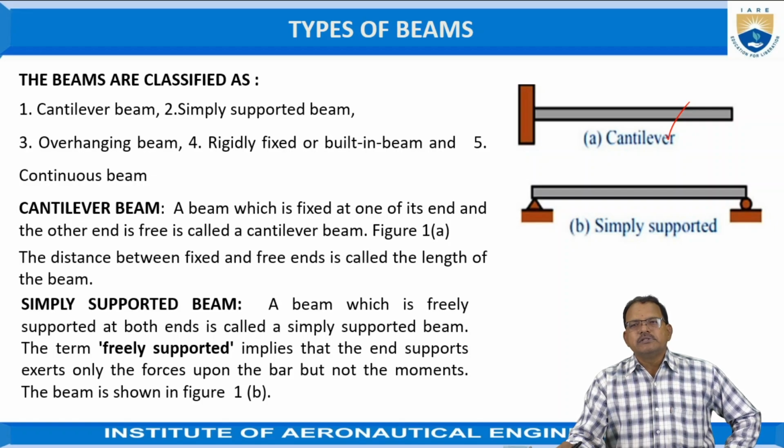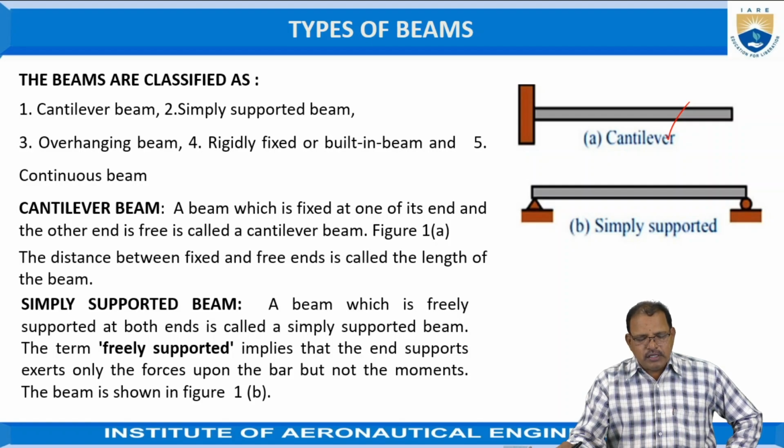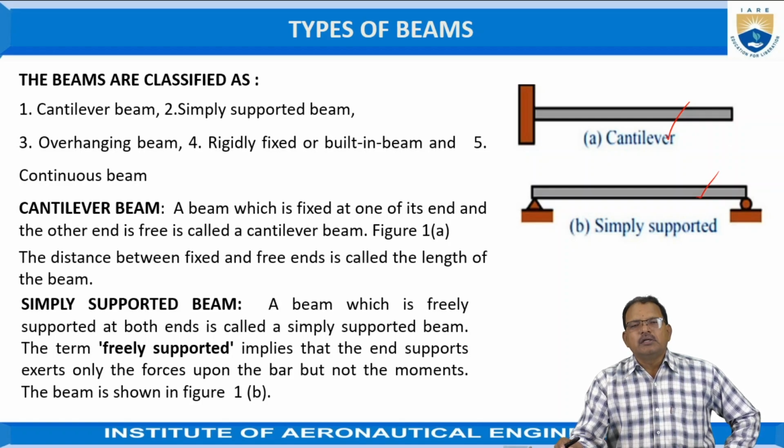The second one is the simple supported beam. A beam which is freely supported at both ends, as shown in the figure, is known as a simple supported beam. The term freely supported implies that the end supports exert only forces upon the beam but not moments.